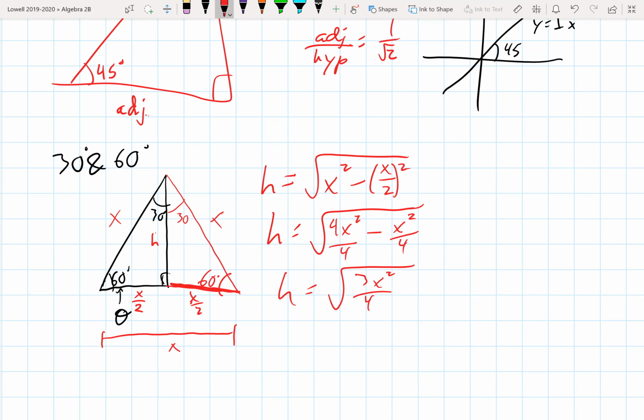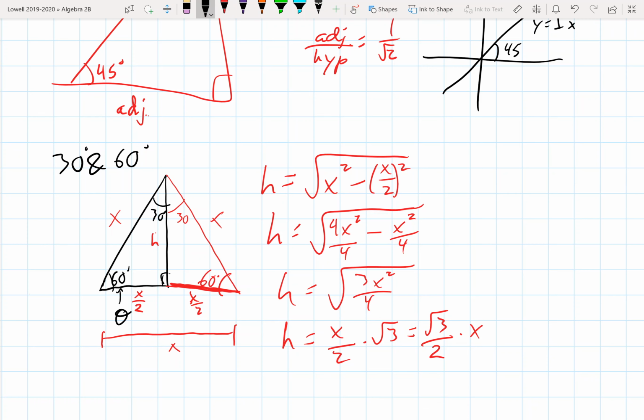I can take the square root of x squared and the square root of 4, but I can't take the square root of 3. So this will come out to x over 2 times the square root of 3. And you're most commonly going to see this like so: the square root of 3 over 2 times x. So that's what h is.